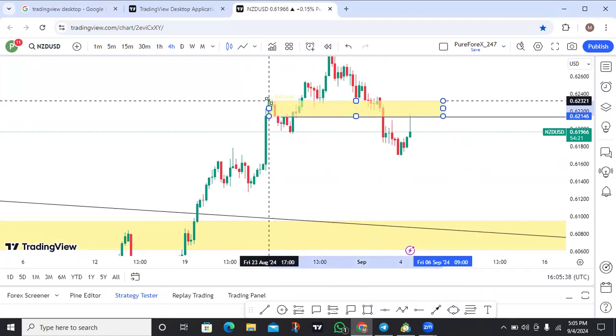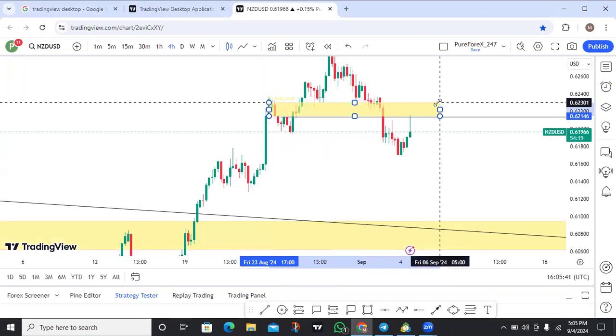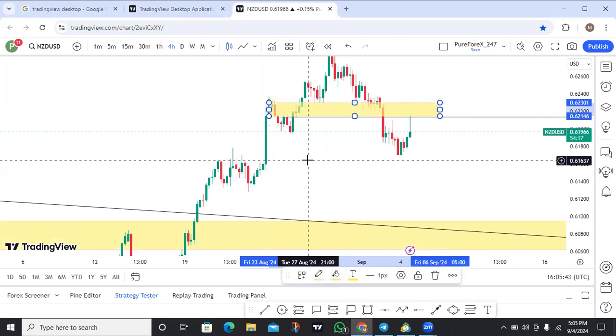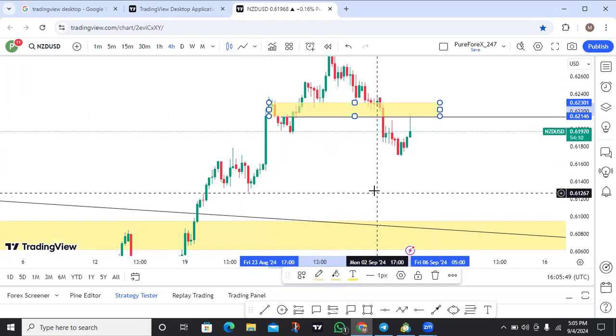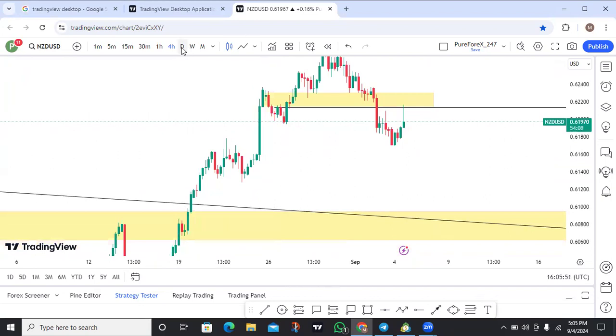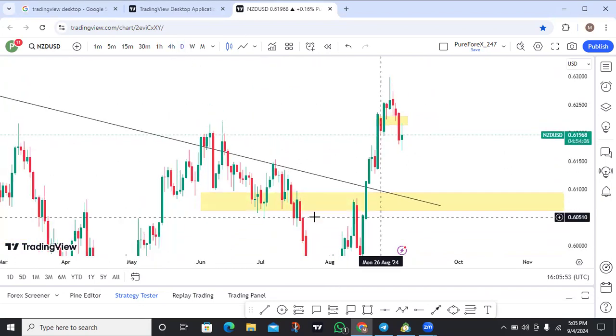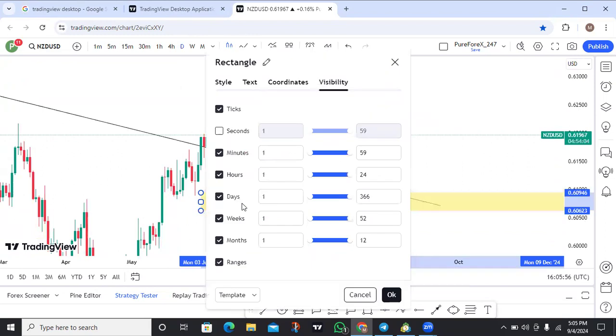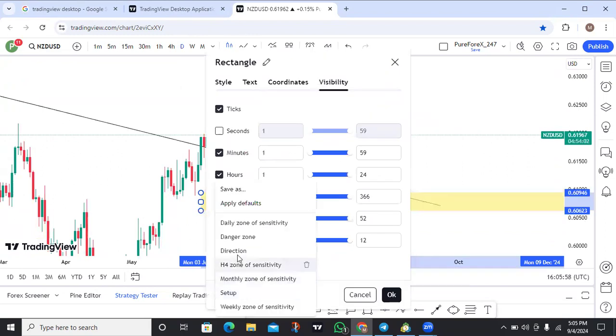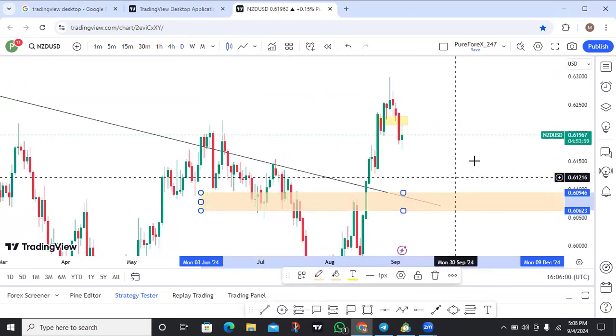So this is my Quasimodo. So price is already, because of today's news, inside the zone, right? So what are we going to be expecting? First of all, let me change the color of this one. Direction. Okay.